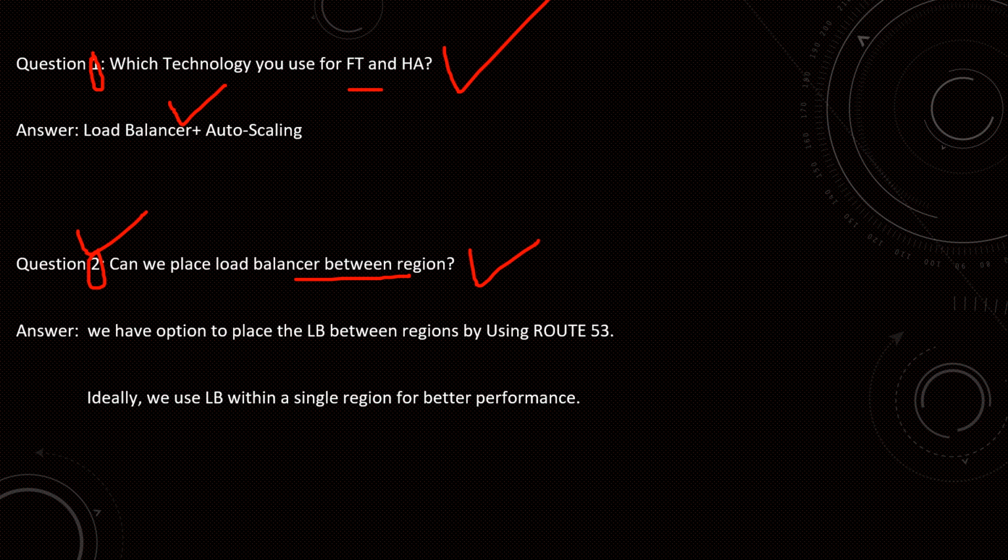So it's recommended that you place all the EC2 servers in a specific region, or you can create multiple availability zones. So we have the option to place the load balancer between regions by using Route 53.